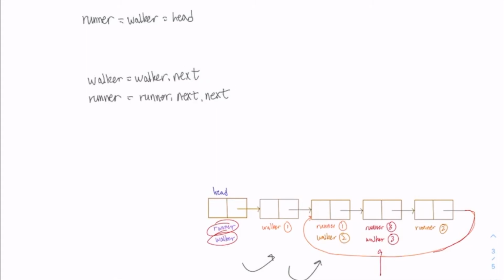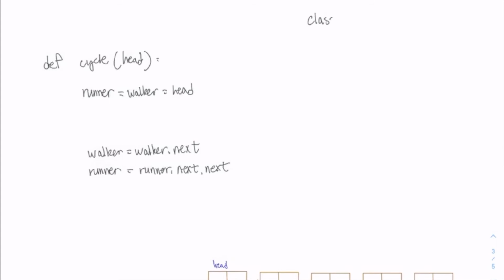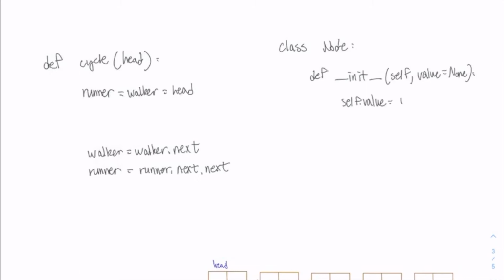And these .next attributes are defined in a node class, like so, where class node has an init function definition, where value equals none, and we have 2 attributes, self.value, which equals value, and self.next equals none.